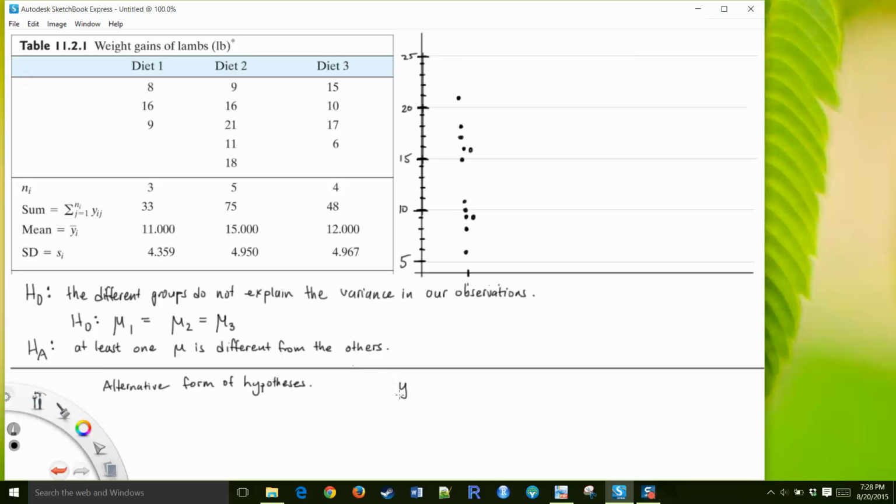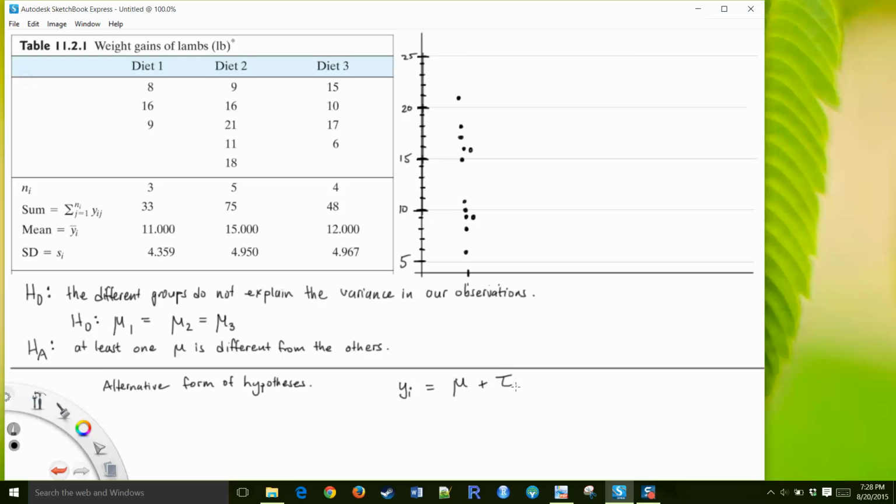So let me label all of these things. Each value of y is the sum of the overall mean in the population. Notice these are Greek letters, meaning these are population, not from our sample.